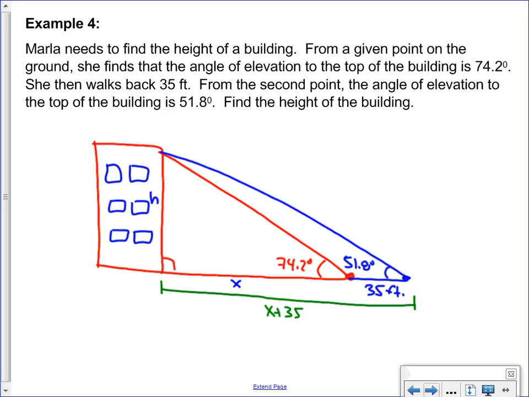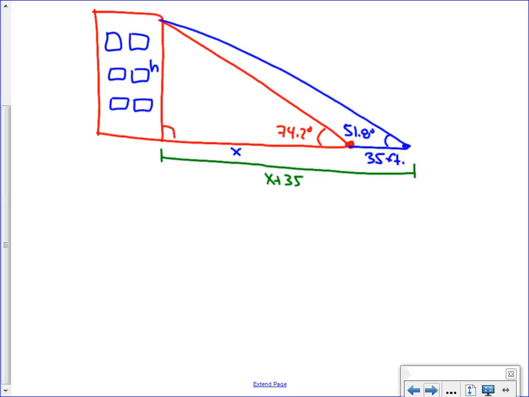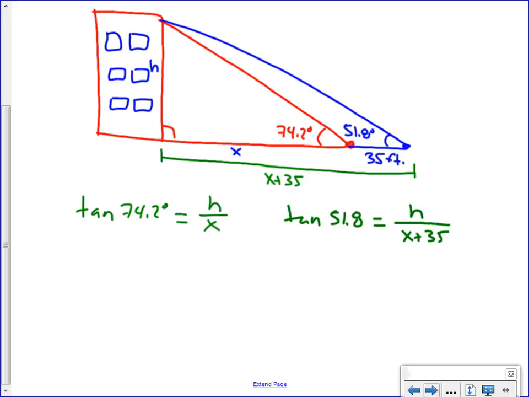Here we go. We have tan of 74.2 is equal to h over x. True? And then tan of 51.8 is equal to h over x plus 35.